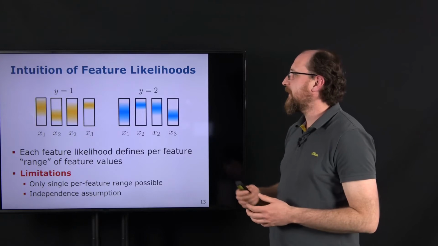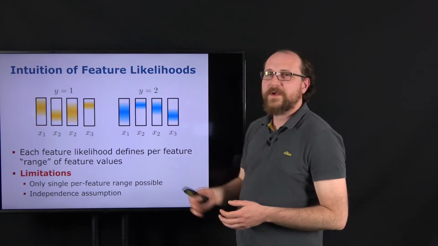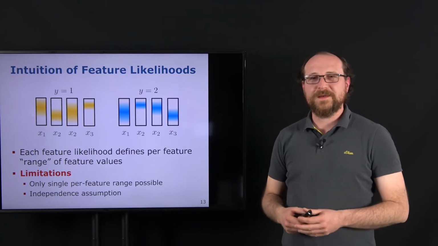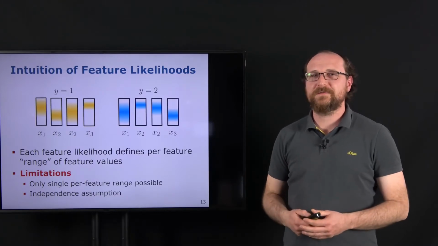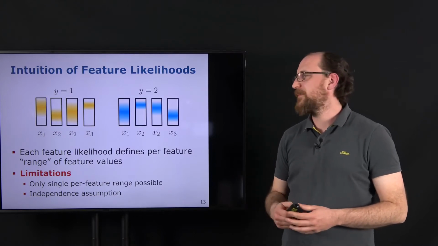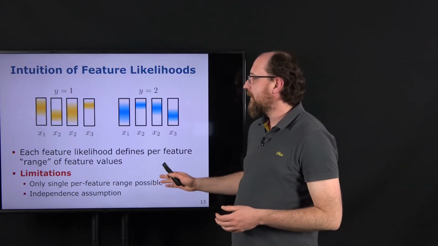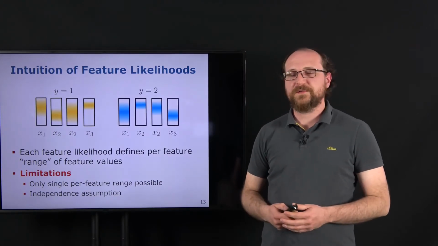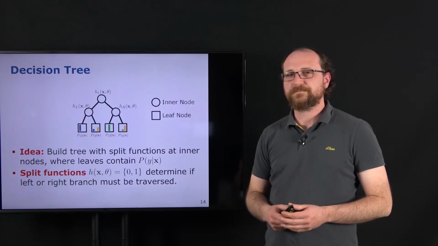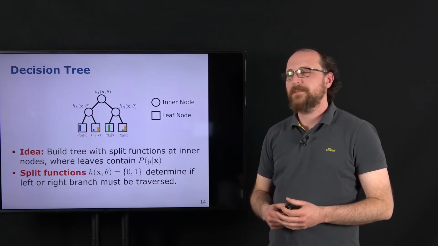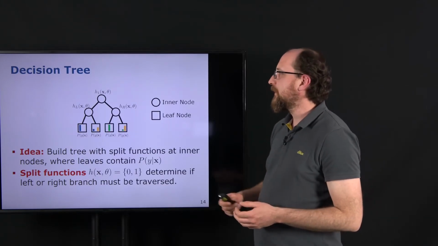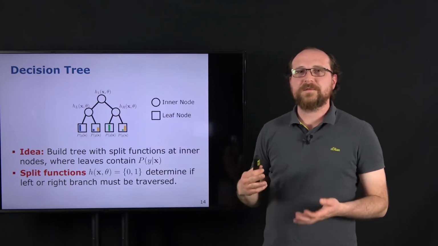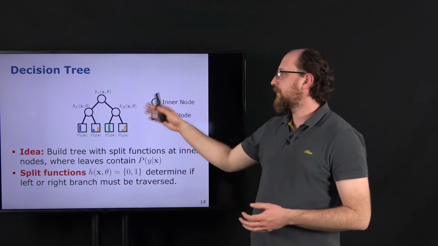Therefore, we are now looking for a model that is maybe more powerful, and for this we are covering a very simple model, which enables us to have multiple ranges per feature. This model is the decision tree. In the decision tree, the idea is to build a tree where the inner nodes have split functions which decide where to go in the tree.